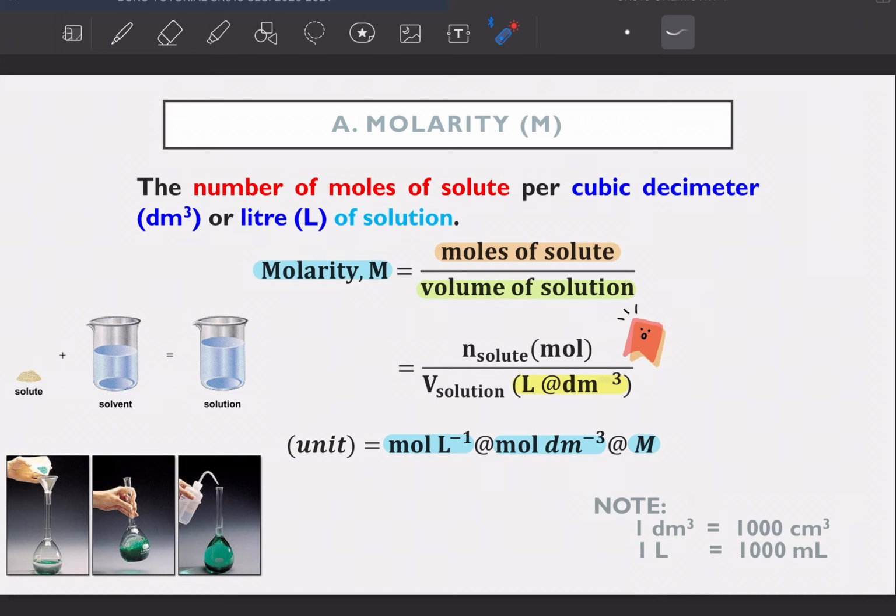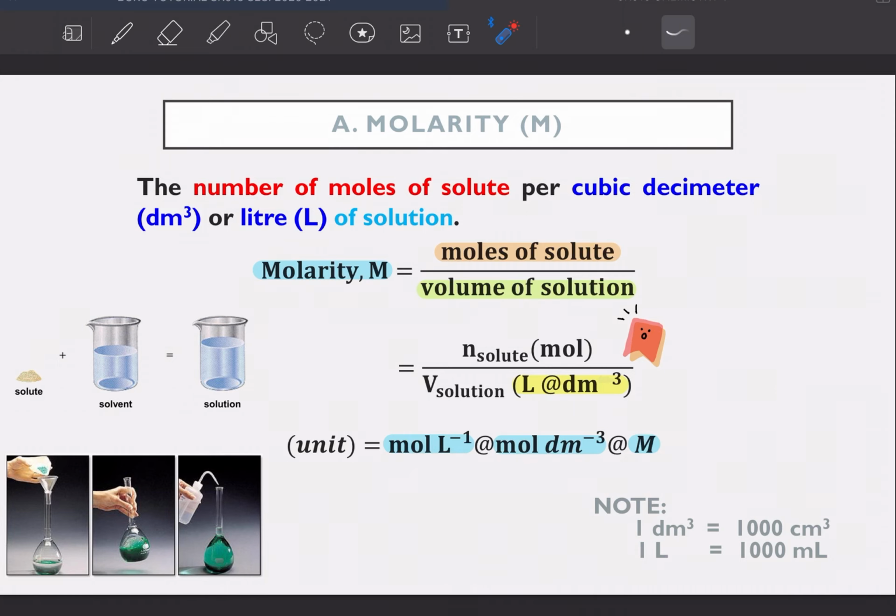Okay, so we can see that we are using the unit mole over dm cube or liter. This is the mole of solute and volume of solution. So your unit for molarity will be mole per liter, or mole per dm cube, or molar. Capital M is called molar.